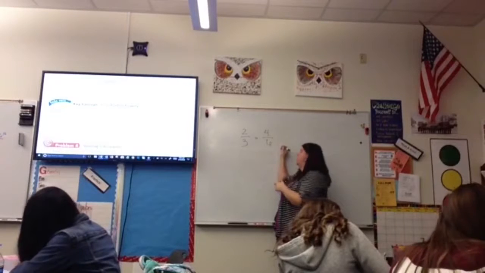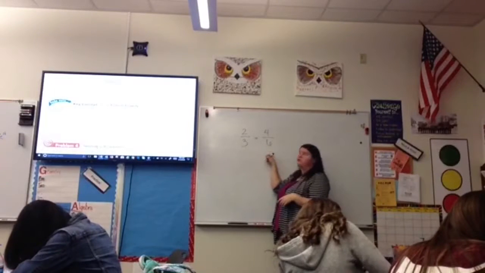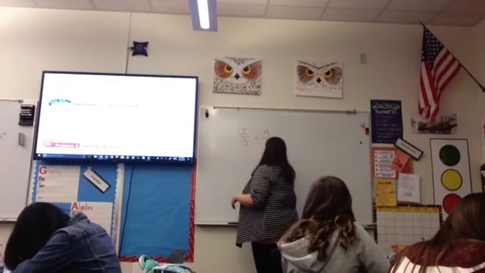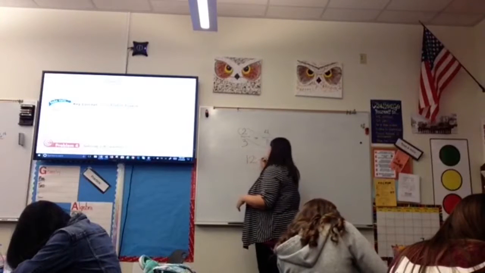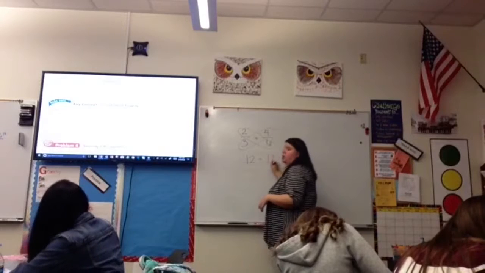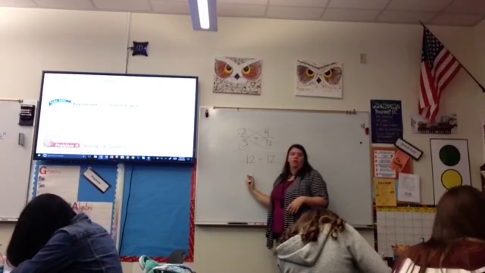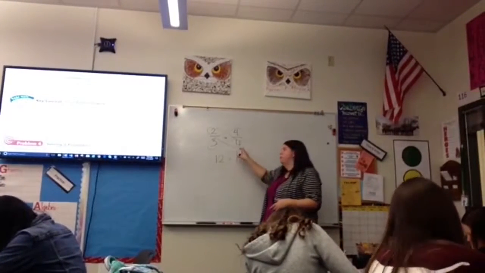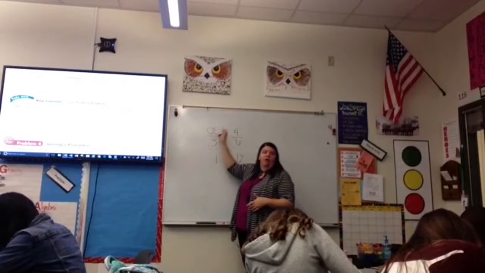Multiplication. It's cross products because not only are these two ratios equal, but 2 times 6 is equal to 3 times 4. So it's called cross products because you multiply numbers that are across from one another.